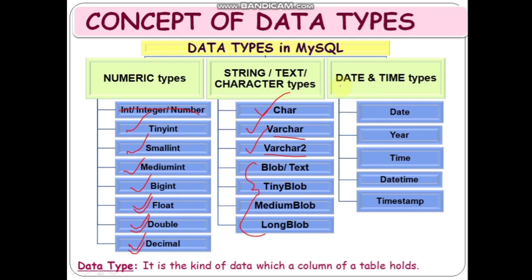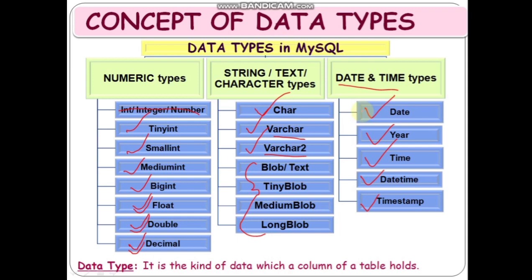By the name itself you can understand. In date and time types we have date, year, time, datetime, timestamp. Now date, this is a data type. It is in the format of YYYY for year hyphen mm hyphen dd.